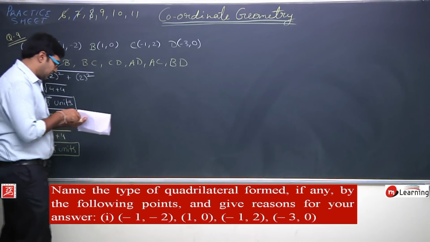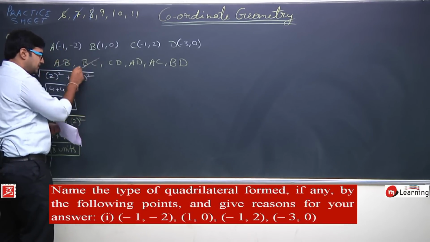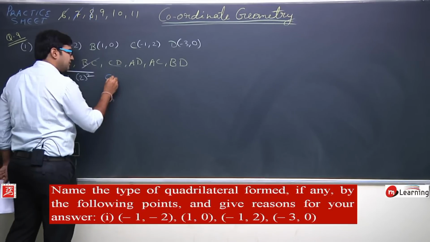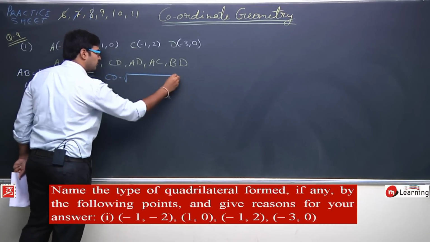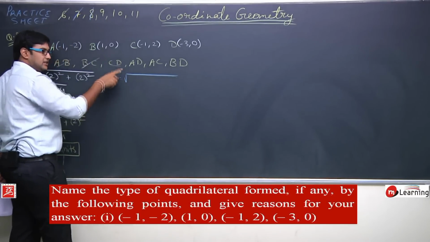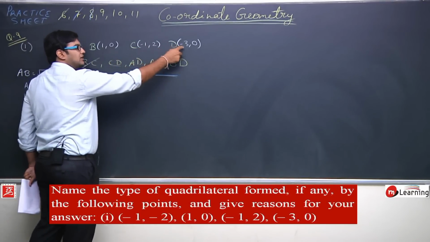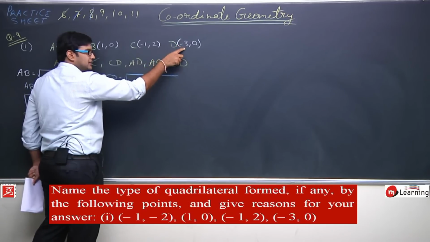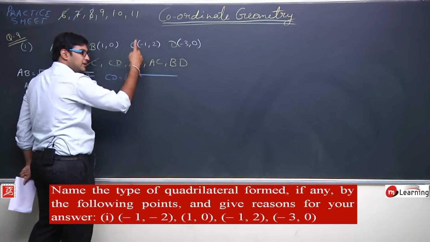Now let us calculate another. So this is BC. Let us calculate CD. The length of CD will be equal to the square root of, in CD this will be x1 y1 and this will be x2 y2. So x2 minus x1, that is minus 3, minus of minus 1 will become plus 1.